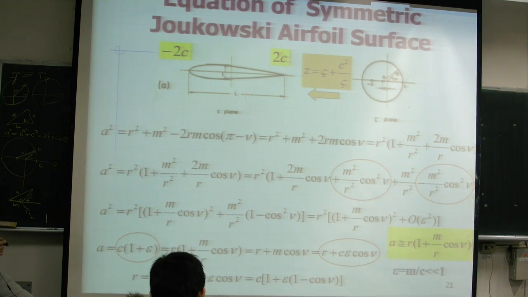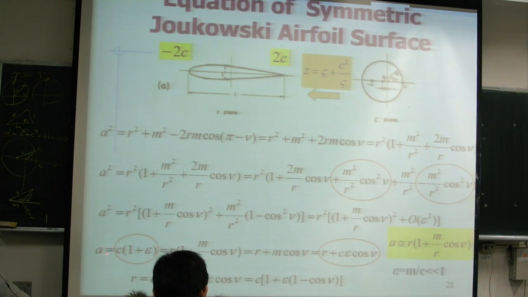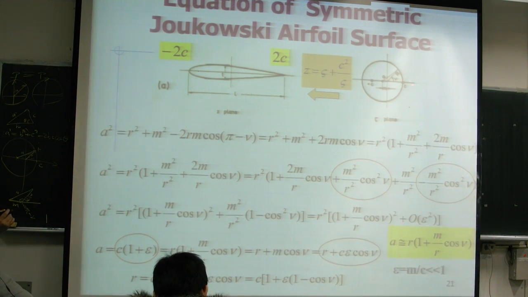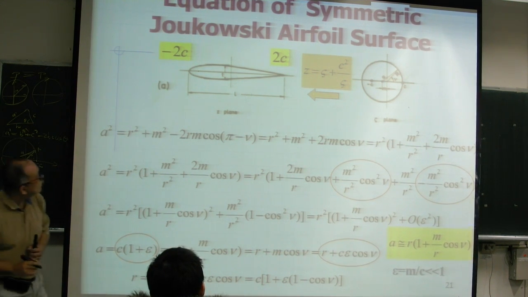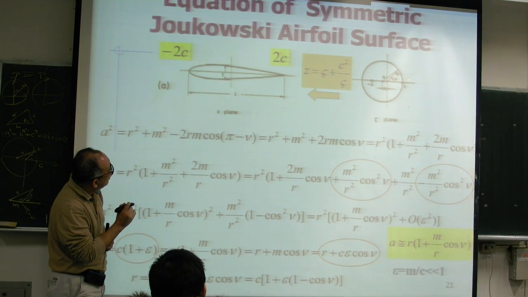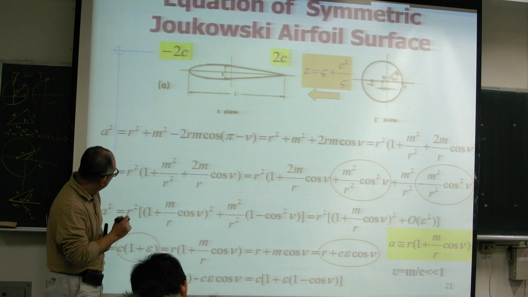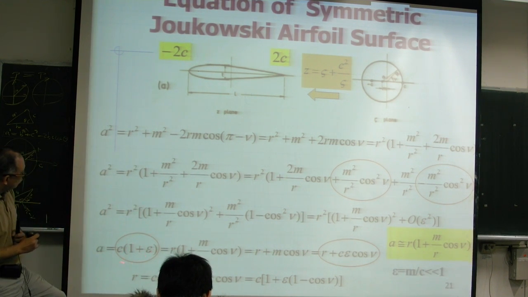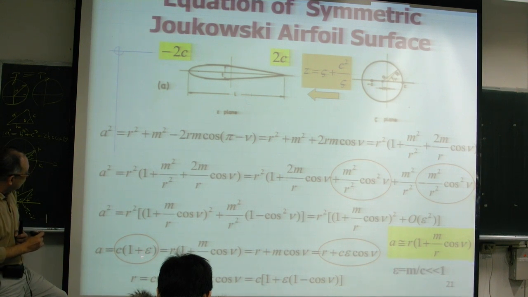And again, we can also apply a equal to c plus m, because a is equal to c plus m. From here to here is a, and this is m plus c. And m plus c can be equal to c times 1 plus epsilon, because epsilon is equal to m over c.